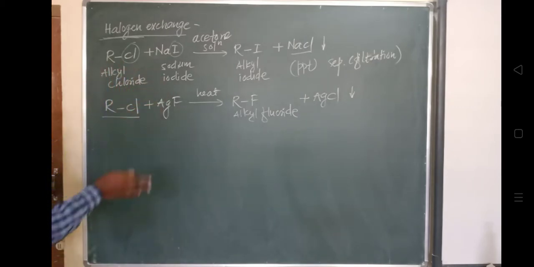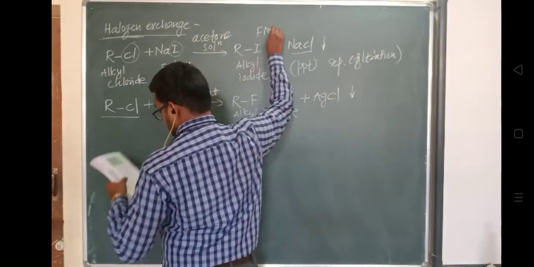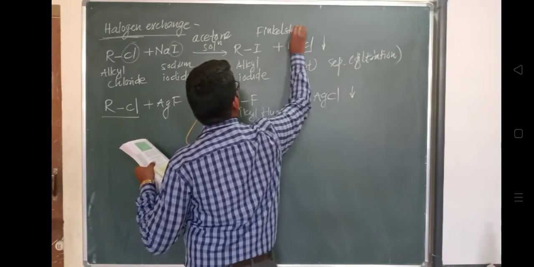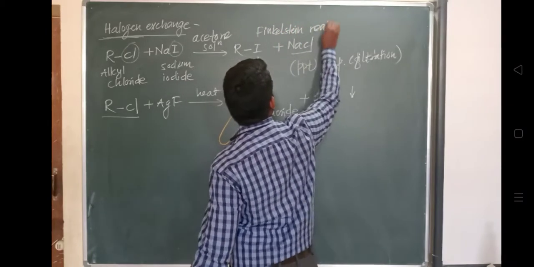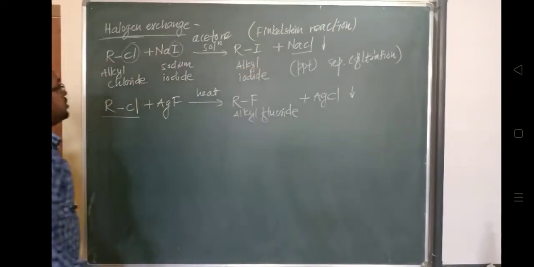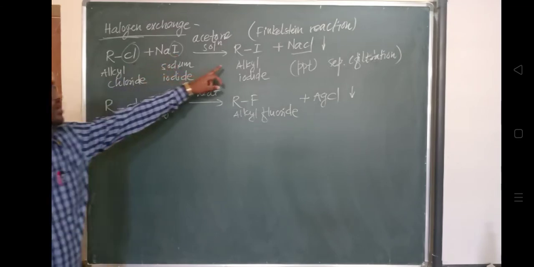This is called halogen exchange. The very first reaction is called the Finkelstein reaction, in which chlorine is replaced by iodine, forming alkyl iodide.